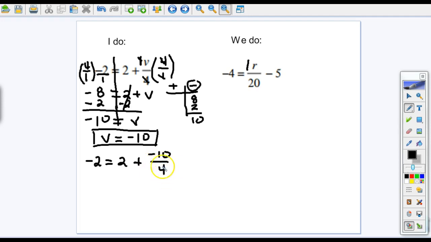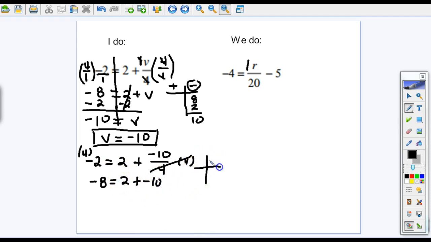To undo this division, I'm going to multiply by 4. And I'm going to multiply by 4. Okay, my 4's cancel. 4 times a negative 2 gives me a negative 8. 2 plus a negative 10. So if I'm doing my column method, right?